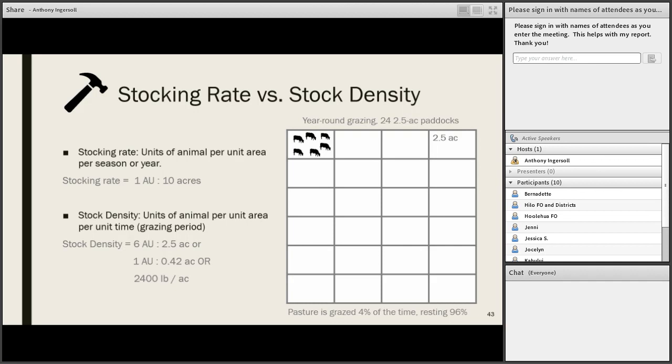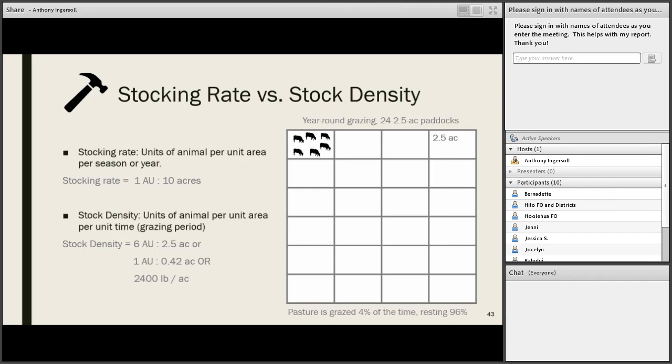Now we have 6 animal units on 2.5 acres, or 1 animal unit per 0.4 acres, or 2,400 pounds per acre. We've increased our density 24 times since our original density, which was 100 pounds per acre. And, you know, in reality, you'd see a real difference in the pasture out here, which would probably allow the producer to stock at a few more than 6 cows on these 60 acres.